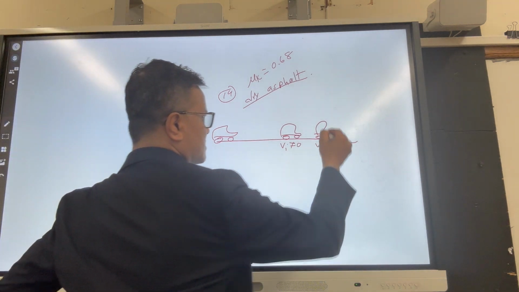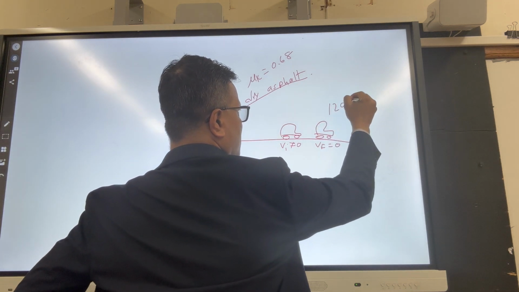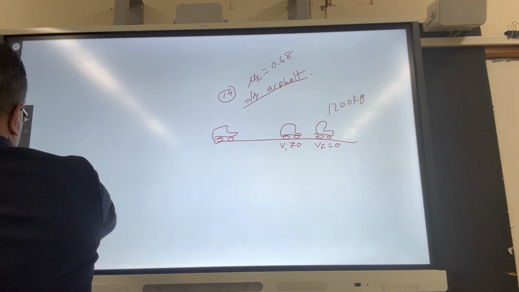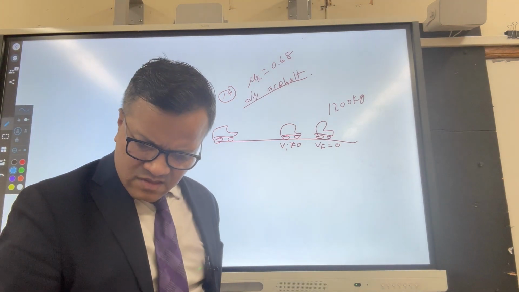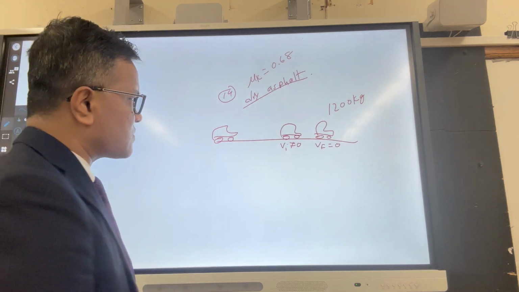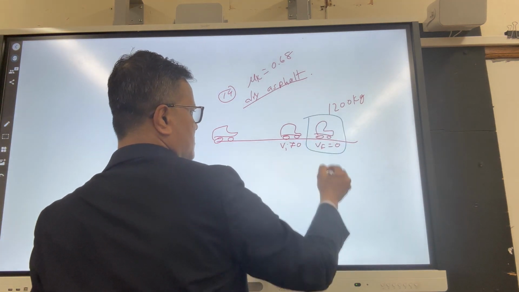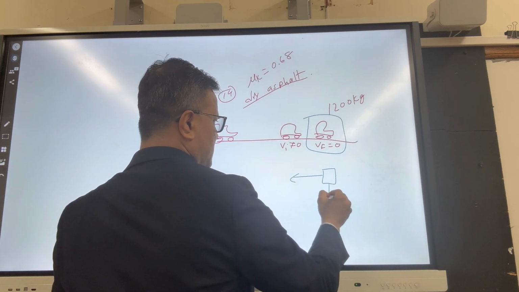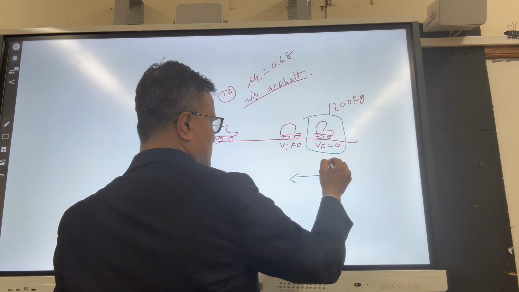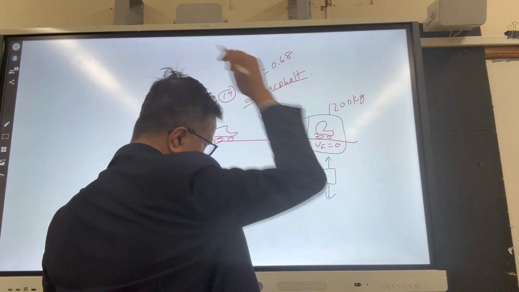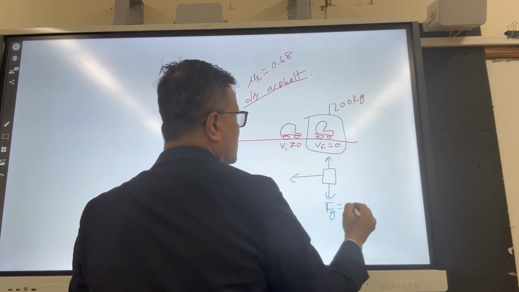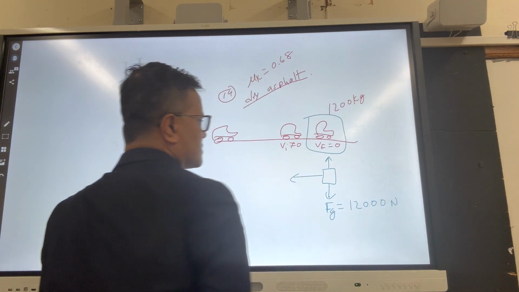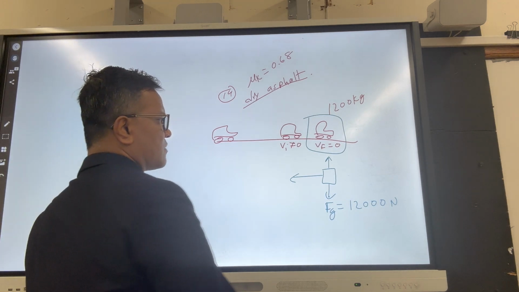We don't need all of those things. All we need is the mass, 1200 kilograms, because I asked you to find the magnitude of friction force. So at this location, what is the free body diagram? Only one force acting in the x direction, and two other forces acting in the y direction. This is Fg, 12,000 Newton, using negative 10 for acceleration due to gravity.